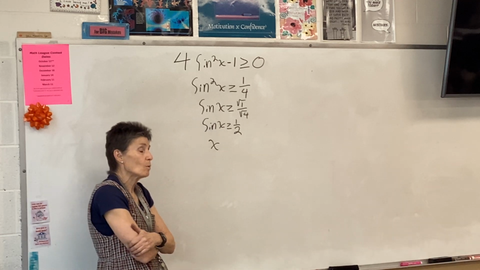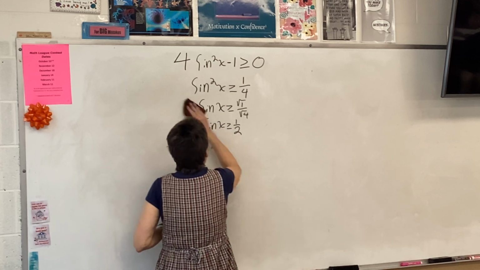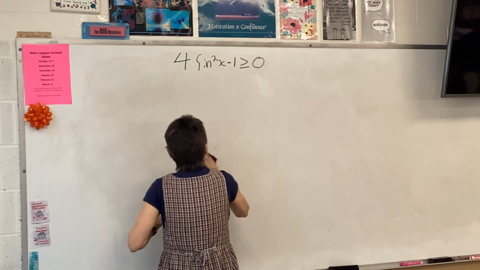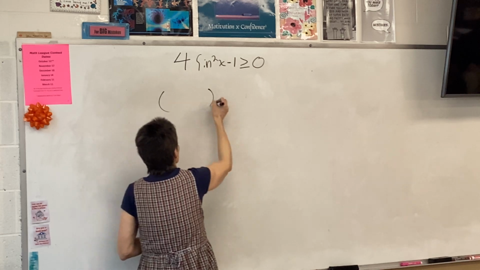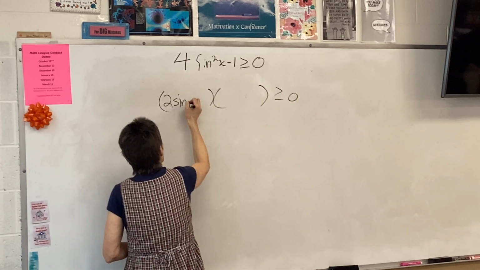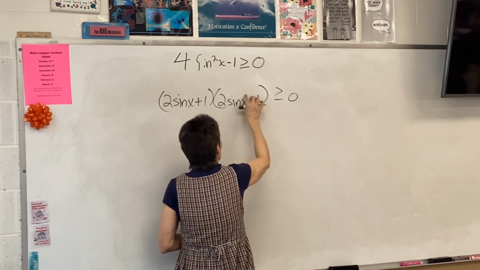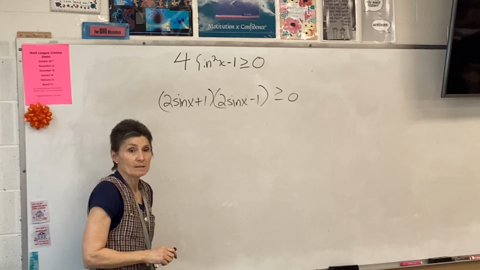You cannot square root an inequality. So, how does this factor? How does it factor, Gabby? 2 sine x plus 1, and then 2 sine x minus 1. Exactly. We are going to factor it as the difference of squares.